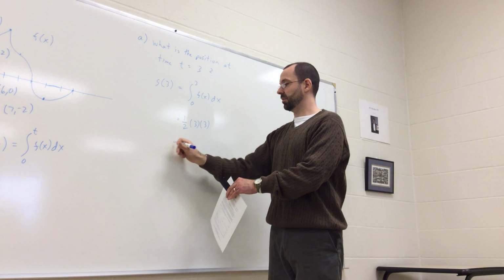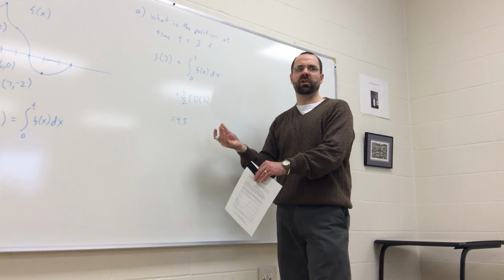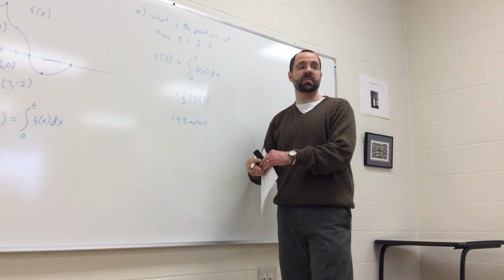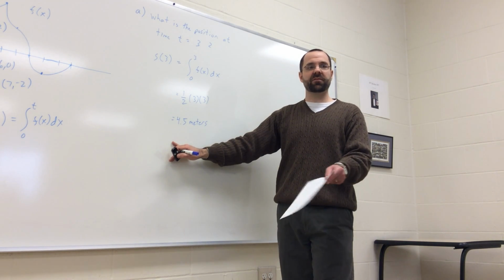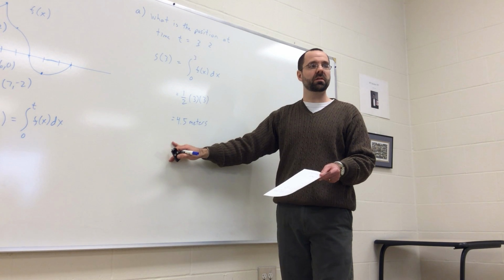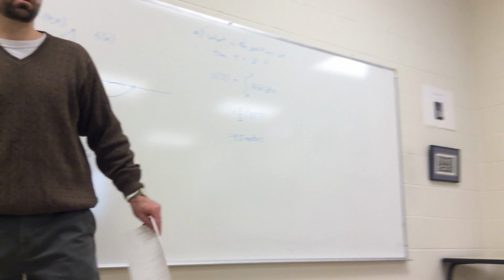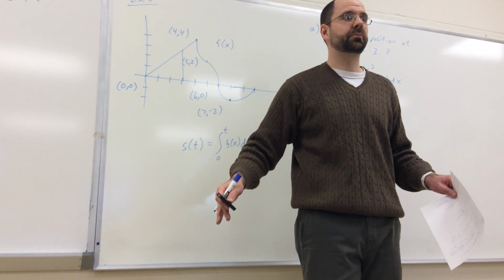So that comes out to 4.5. And I didn't tell you this, but let's say we're in meters. So that means after 3 seconds, the particle is 4.5 to the right of the origin. So here's the origin. And 3 seconds have gone by, and it's here, 4.5 away.